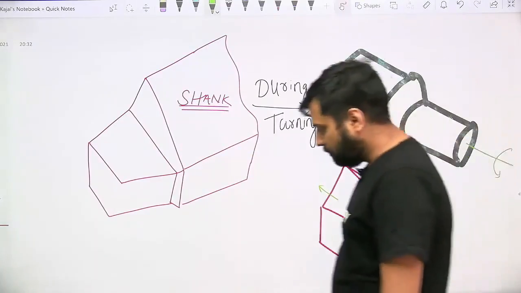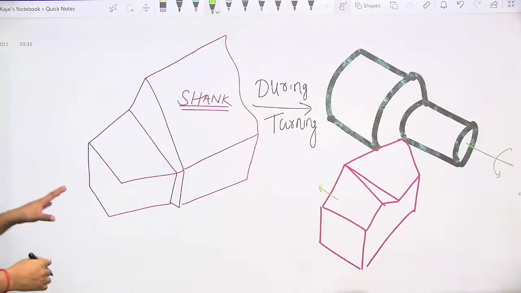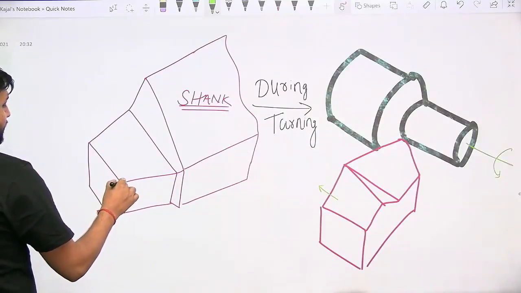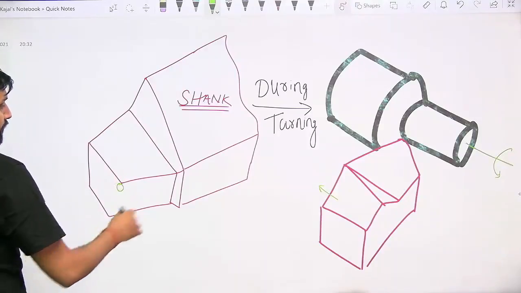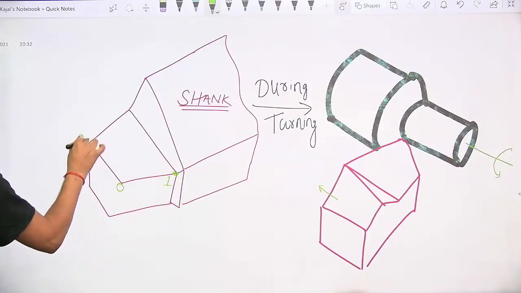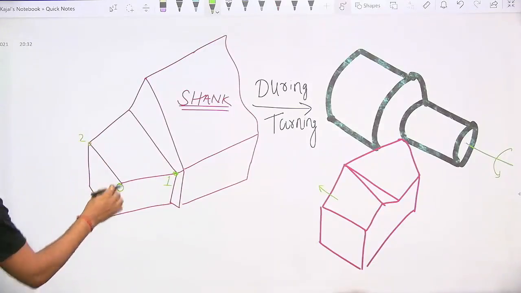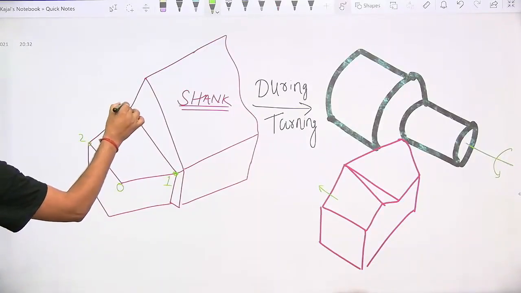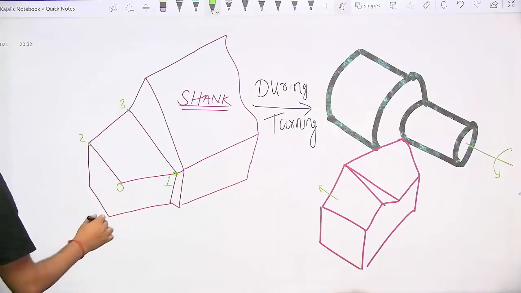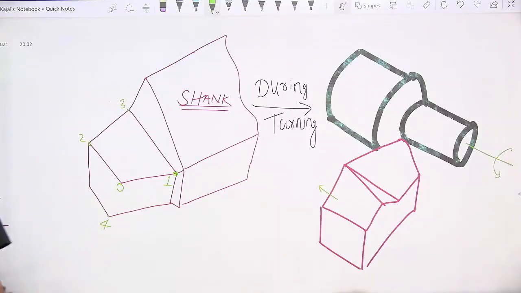So my dear students, now let me name a few points. Let us say this point here is 0, that point here is 1, this point is 2, down here this point is 3, and down here this point is 4.